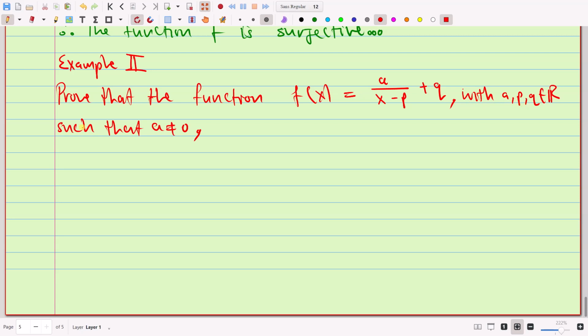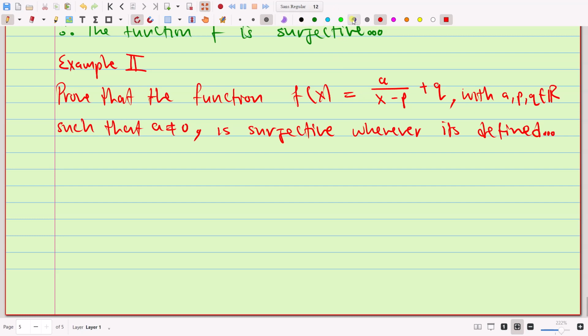So prove that the function, with a, p, q satisfying all these conditions, is surjective, wherever it is defined.